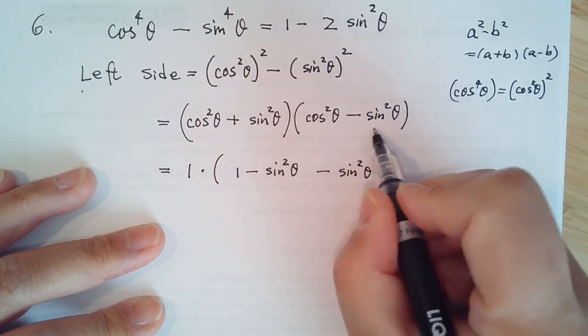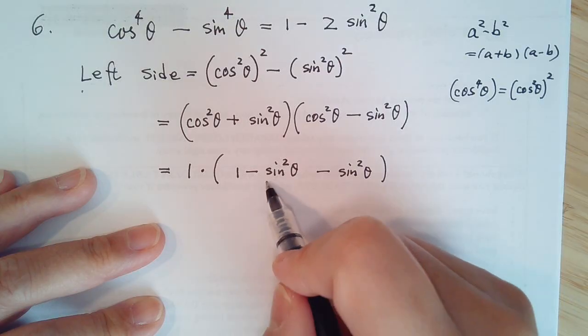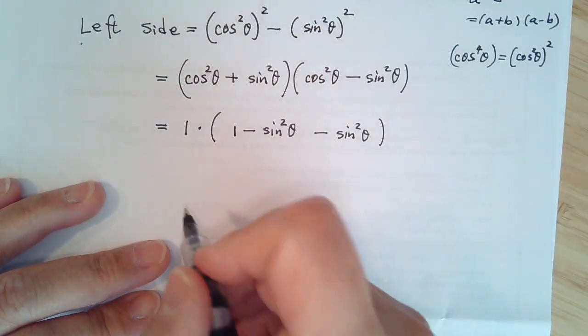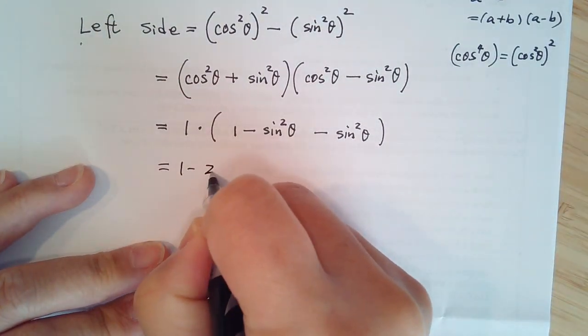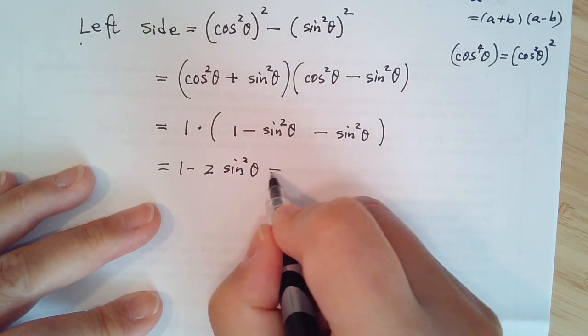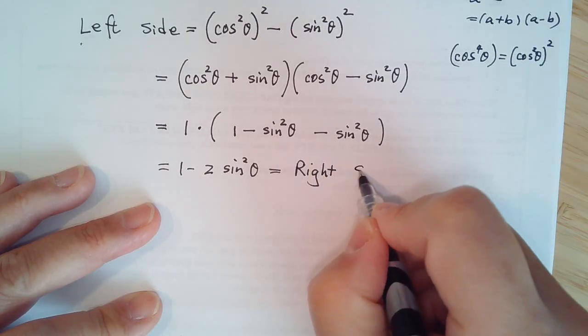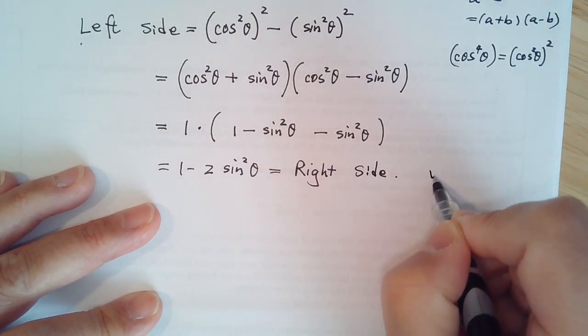This minus sine square theta comes from here. So that is 1 minus 2 sine square theta, which is my right side. So verified.